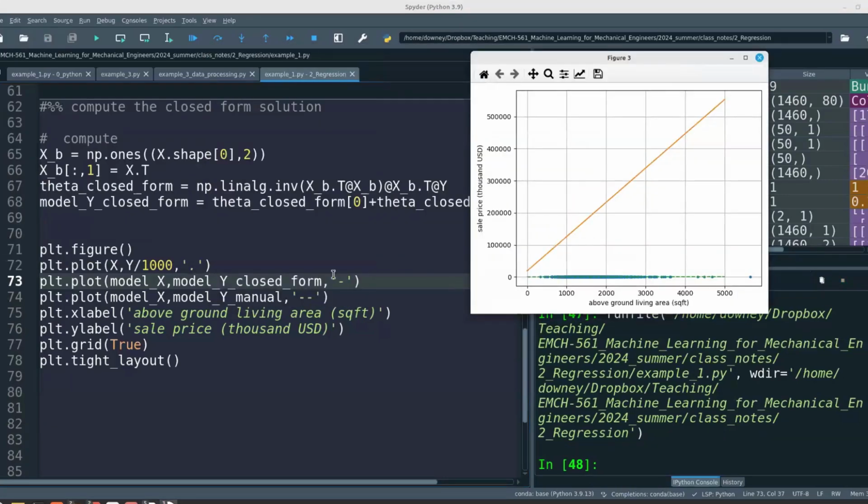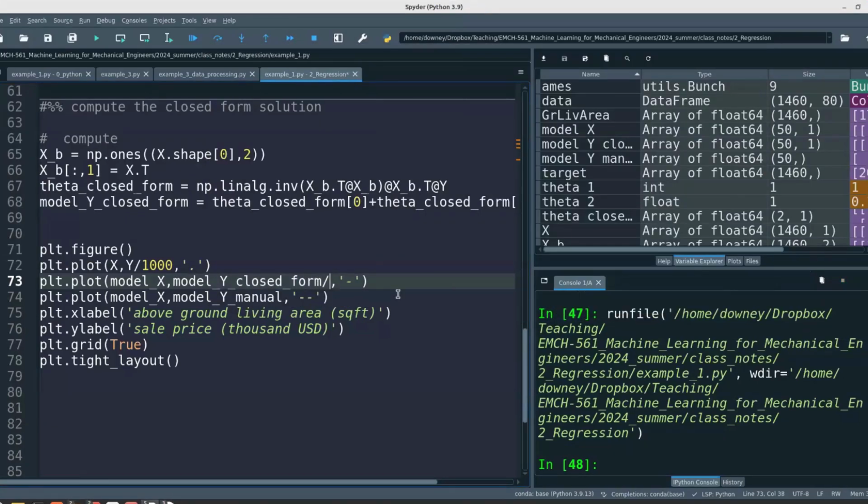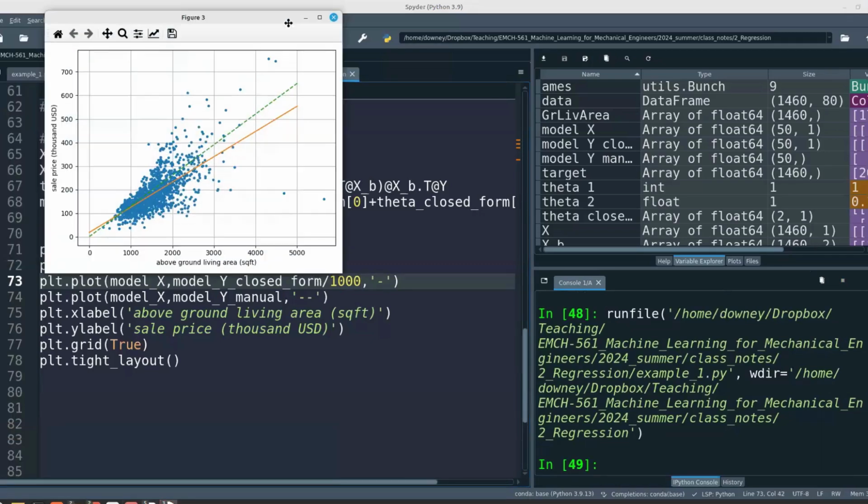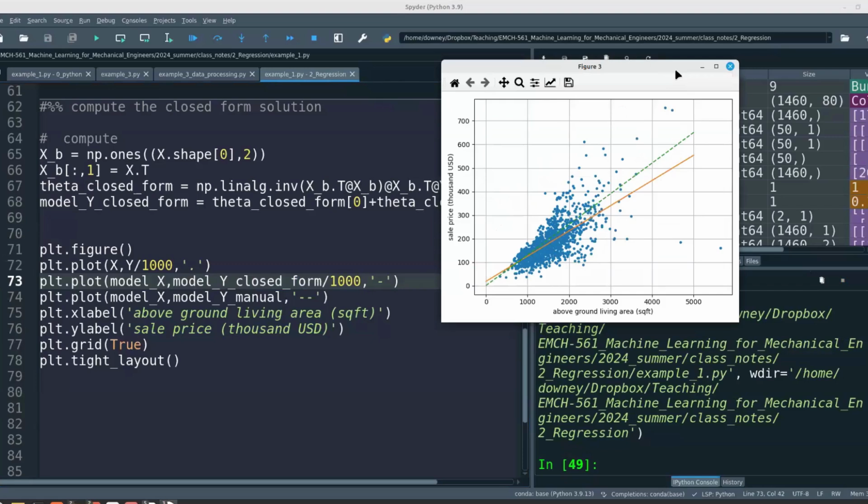Oh, that's not quite what we want because we have to divide it by 1,000 just for our plotting. There we go. Right? I mean, that looks better than my estimated solution. We notice that a house has some sort of bias term, right?